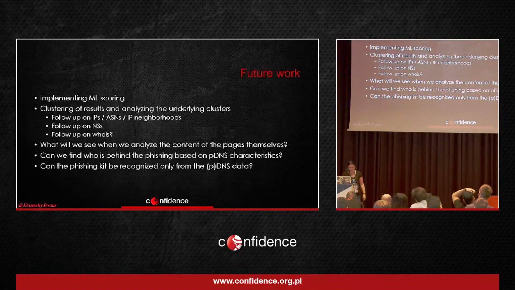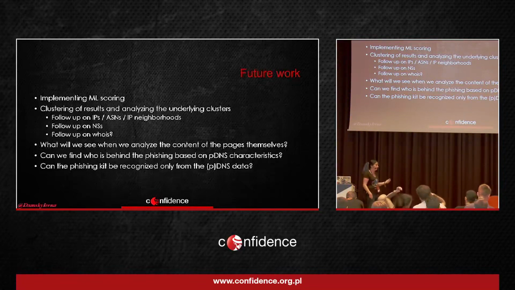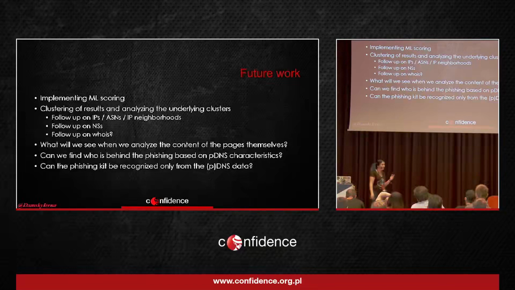Some future work that's relevant for this is, for example, implementing machine learning on it. And once you implement machine learning on these features, you will be able to catch stuff that is not based on a specific label. But I also want to stress that you don't have to use machine learning. Machine learning is a cool and awesome technology, I'd say, but this is a very simple thing that you can do on data that you have within your network.